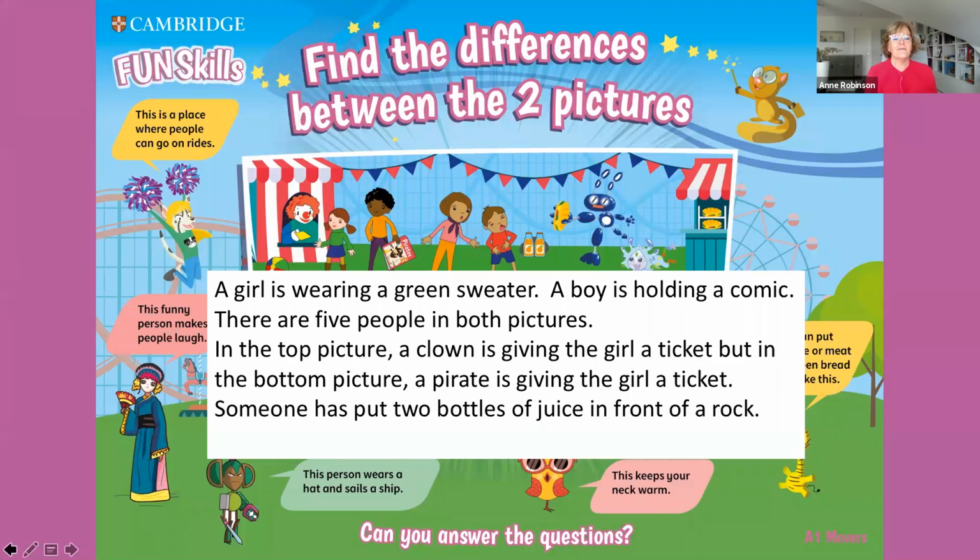Okay. Can you remember where the bottles of juice were in the bottom picture? Okay, so my sentence is about the first picture, the top picture. Someone has put 2 bottles of juice in front of a rock. What would the sentence be for the bottom picture?